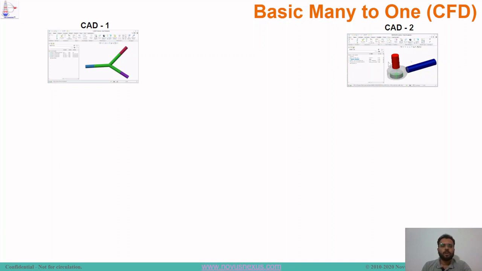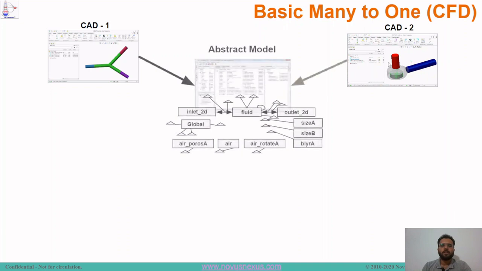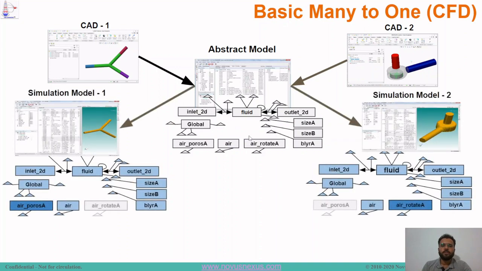So the geometric abstract model shows different classes like fluid, air, inlet 2D, outlet 2D, and air rotate A, to which attributes are attached. When the abstract model is combined with two different CAD models, it produces two different simulation models.